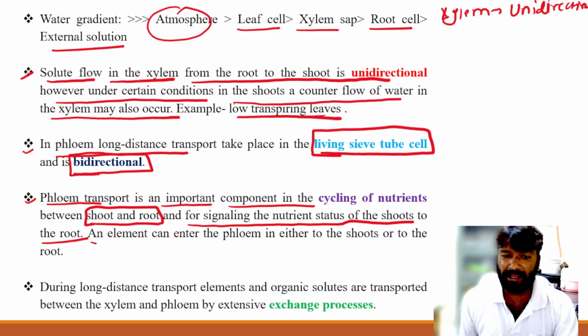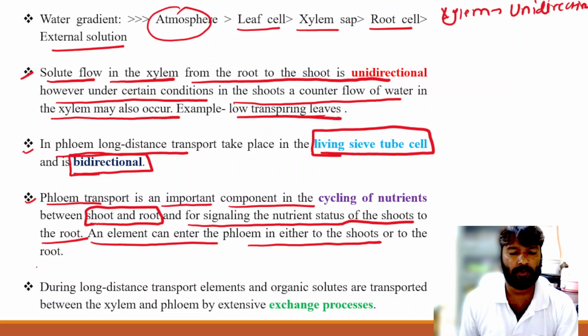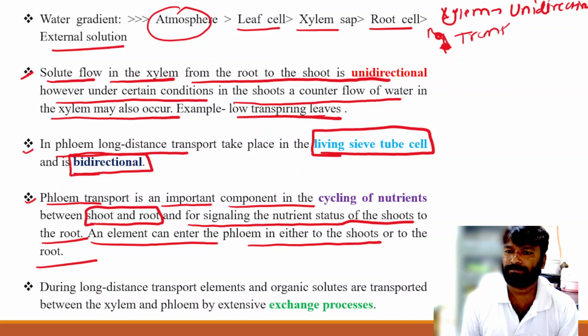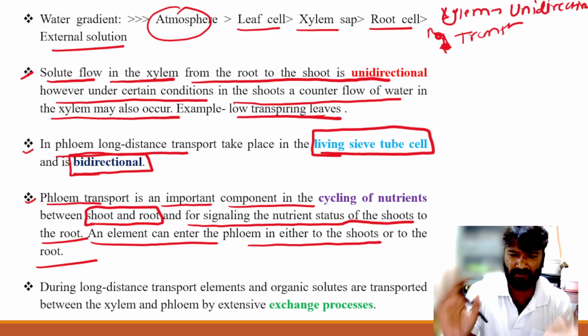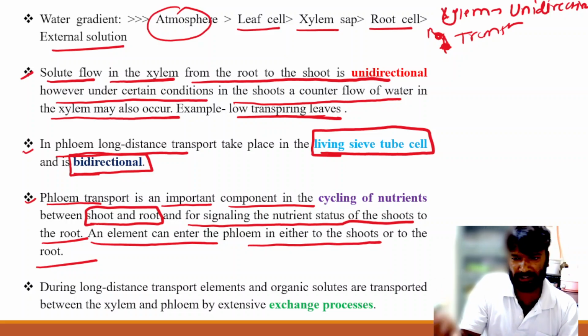An element can enter the phloem either in the shoots or in the roots. So it can happen at the root-shoot junction, and the other is when remobilization occurs, a process we will discuss. In this process there will be a transfer between the xylem and the phloem. So it can happen in the root as well as in the shoot portion.